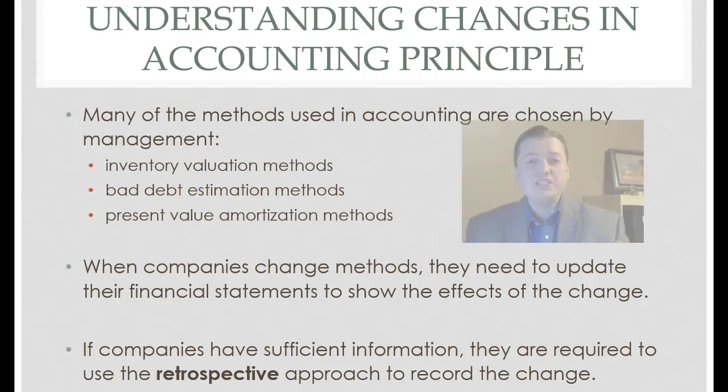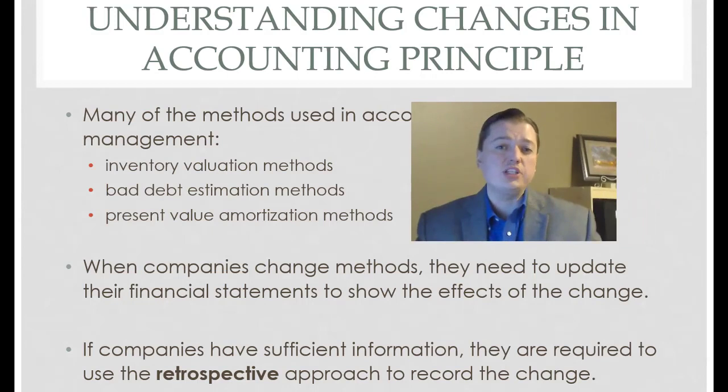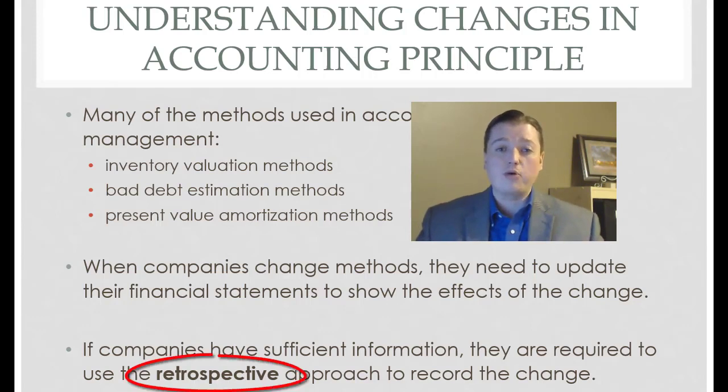The reason FASB's done that is because a change in principle is a rather intense process. It's very fun because of all the neat accounting that goes on, but it is rather labor intensive. If you have the information, you have to use what we call the retrospective approach. And this is what FASB recommends. If you don't have the information, then they do provide a couple of shortcuts or alternatives, but they want you to use what we call the retrospective approach.